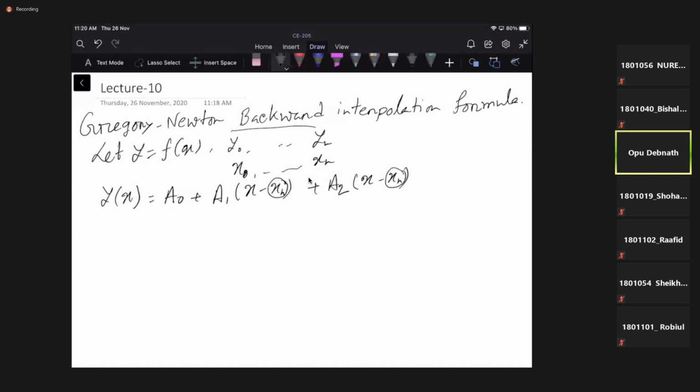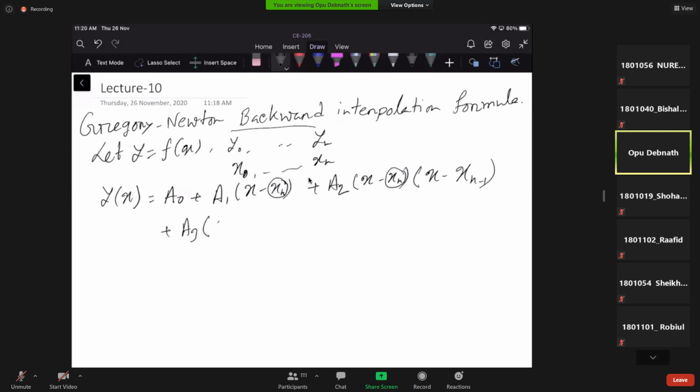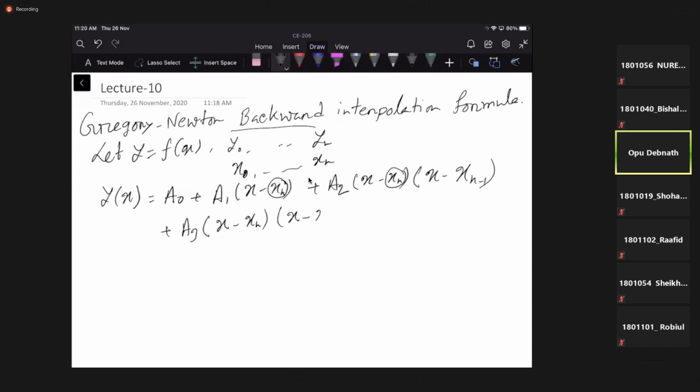That means in the previous formula we just wrote x minus x0, then x minus x0 multiplied by x minus x1, and in this case we will write just in reverse order, that means x minus xn multiplied by x minus xn minus 1, and plus a3 (x minus xn)(x minus xn minus 1)(x minus xn minus 2).